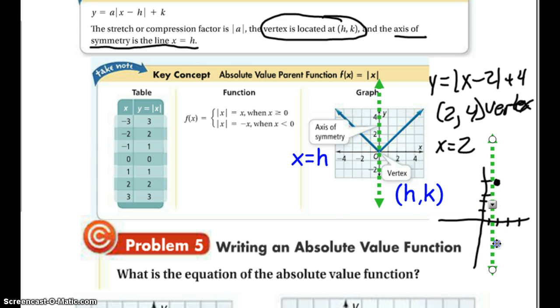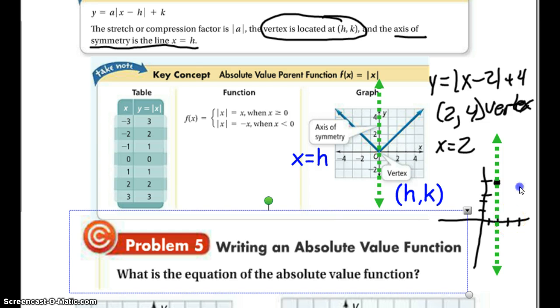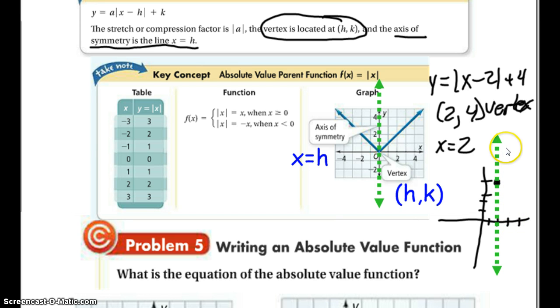I know we can do this. There we go. Right through the point and the x-axis. Again, that's the axis of symmetry. And if we were to finish off this graph of the absolute value, we would just be drawing the parent function. But that's the idea of axis of symmetry. Cut your graph right in half.